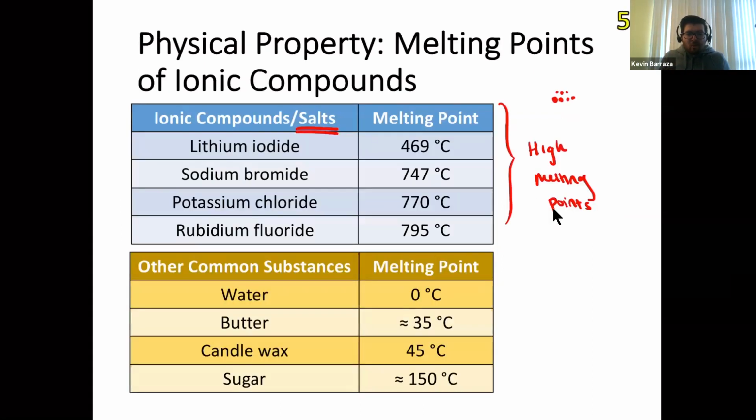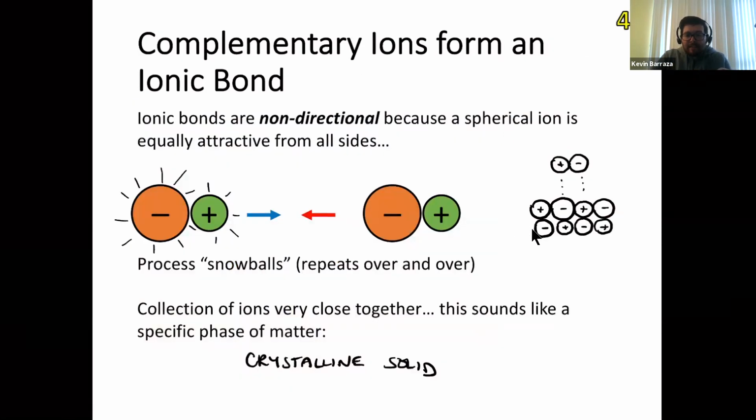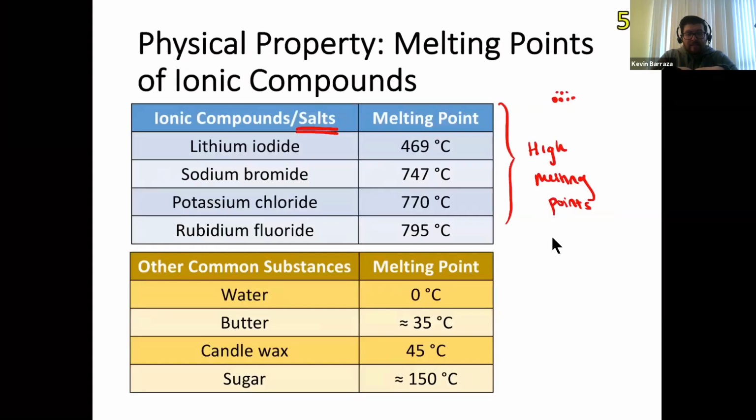And so eventually we get crystalline solids, and because they have such high melting points, they're really stuck together. So that's going to be our first aha moment. Because ionic compounds are really stuck together by these strong plus minus attractions on all sides, we are going to have very high melting point crystalline solids. So that's the first wow.